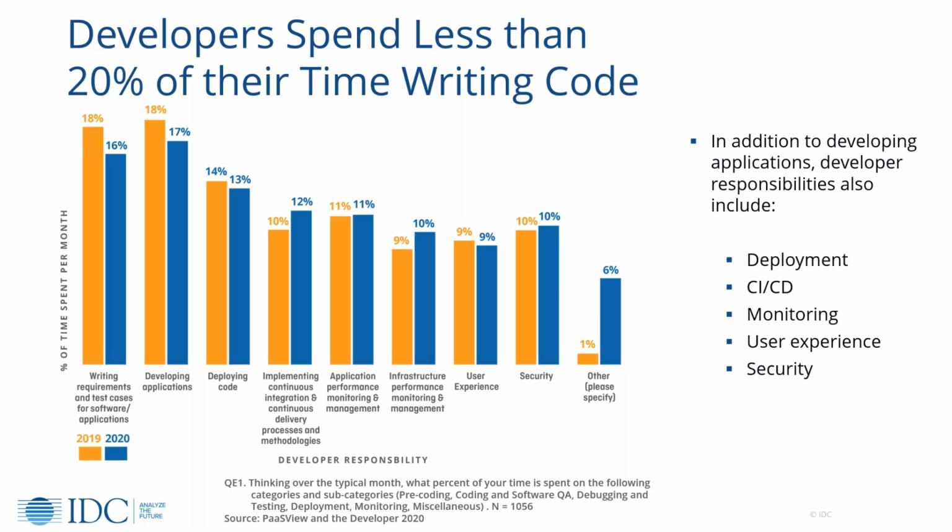Secondly, the slide shows the shift left phenomenon in DevOps on full display here, where developers are increasingly responsible for managing the implementation of automation with respect to applications. And finally, as demonstrated by the focus on user experience, developers are also focused on the reception of the application by end users.